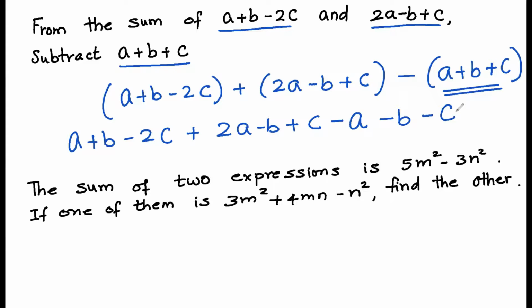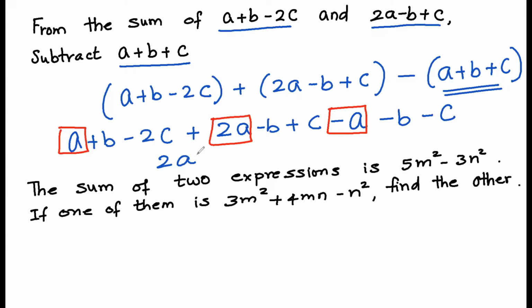Now go ahead and combine like terms. So if we look here, we have a, 2a, and negative a. So let's combine those. So a plus 2a, that is going to be 3a, minus a, so that's going to be 2a because 3a minus a is 2a.